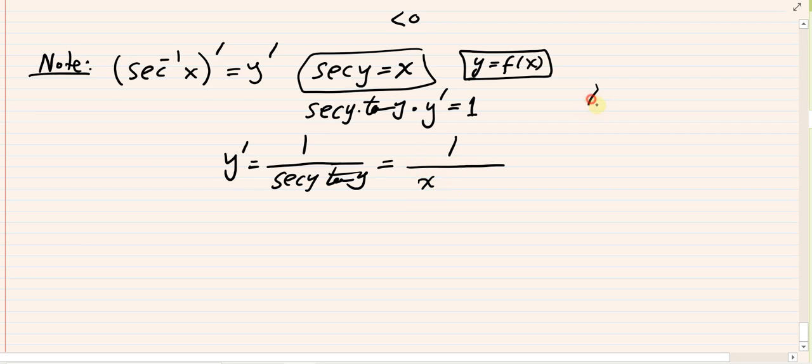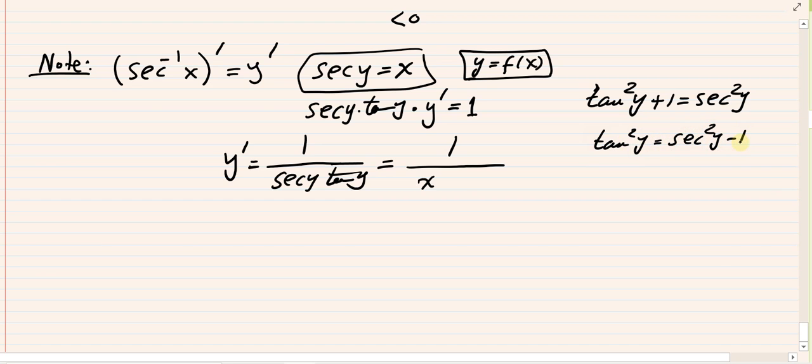Let's take a look at this one. We have the Pythagorean identity, tan squared y plus 1 equals secant squared y, right? That's a byproduct of the Pythagorean identity, sine squared plus cosine squared equals 1. So from this we get tan squared y is equal to secant squared y minus 1.